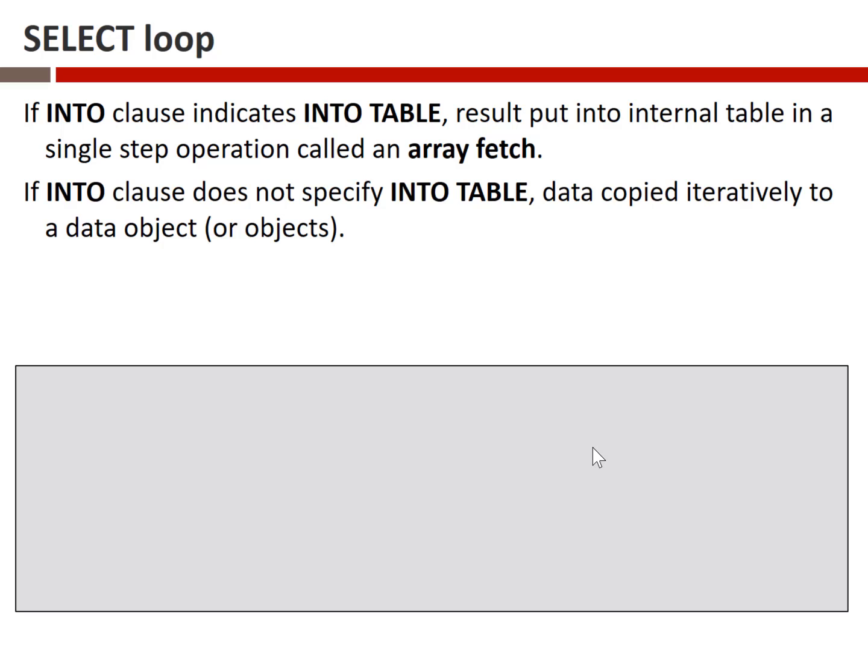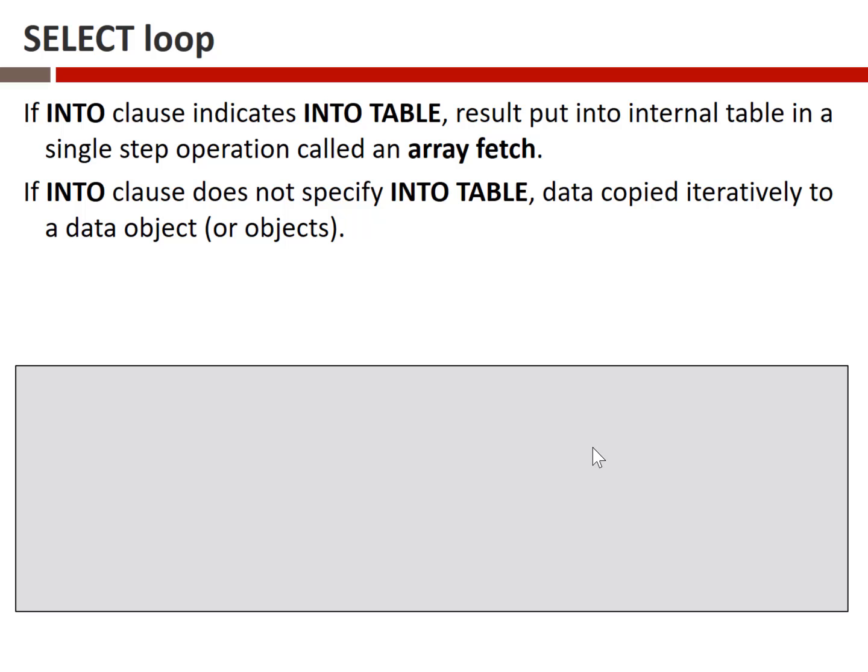But we do have an alternative. If we write our query and our into clause does not specify into table, then the query is going to be iteratively executed. Which means that if I say select blah, blah, blah into and give it the name of a work area, it's going to grab, let's say, the 87 records that match my query.